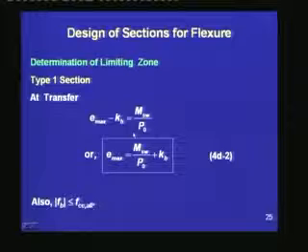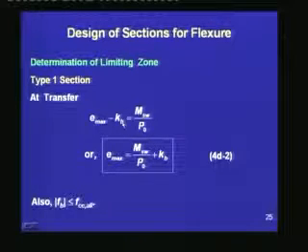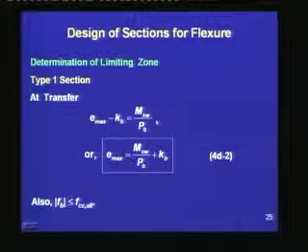The lever arm at this stage is governed by the self-weight moment. The lever arm is the distance between the T and the C, which is equal to E max minus kb, equal to MSW divided by the value of C, which is equal to P0 at transfer. From this, we find an explicit expression of E max.